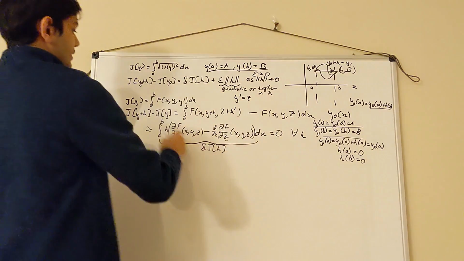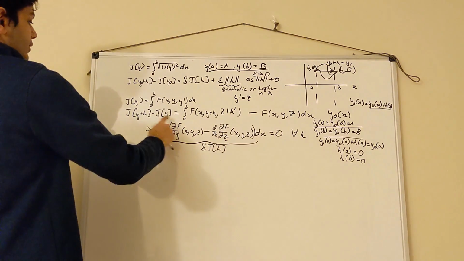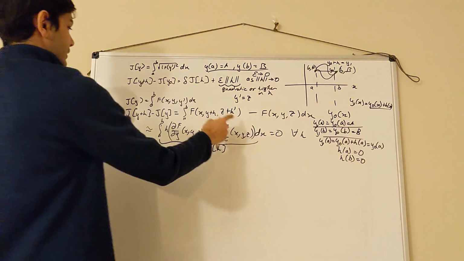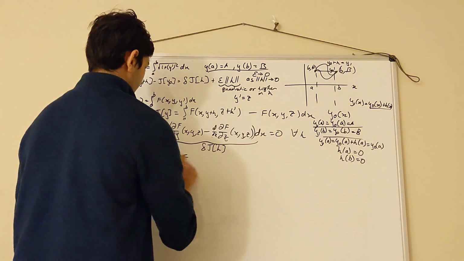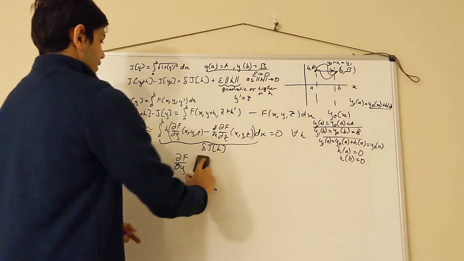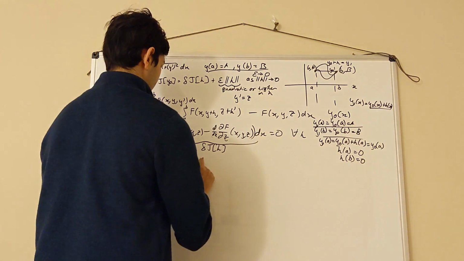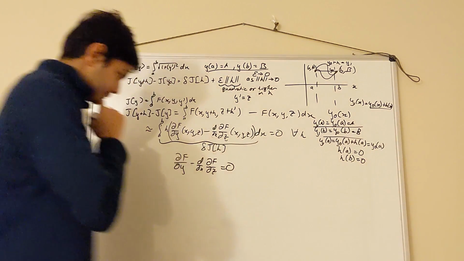Obviously if this inside is 0, then the integral is also 0, but it also goes the other way around: if this integral is 0 for all possible functions h, then this inner part must also be equal to 0. So what we have is partial f by partial y minus d/dx of partial f by partial z is equal to 0.